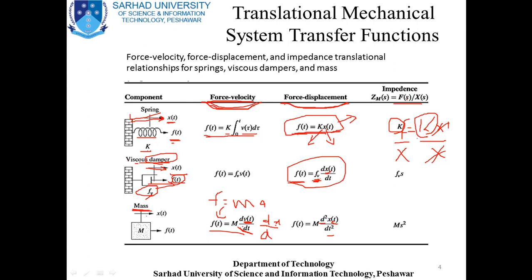So if you multiply the double derivative of the displacement with the mass, you can get the force. So here is the third equation, and using s terms, you can easily convert d by dt into single s, and the square of d by dt into s square.